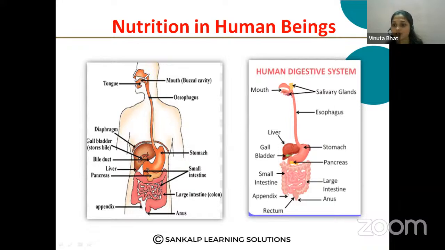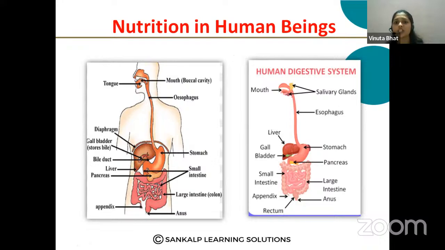The digestive system of the human beings contains the alimentary canal. So this canal, the mouth and esophagus, stomach, small intestine, large intestine, that is the alimentary canal, and some glands also there. So together they form the digestive system of the human beings. Okay. So let us study how the digestion of the food takes place in the human beings.